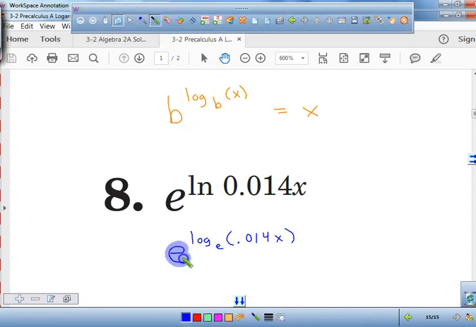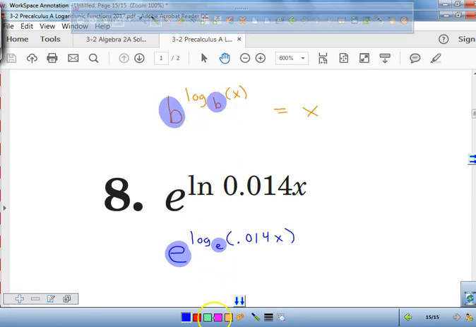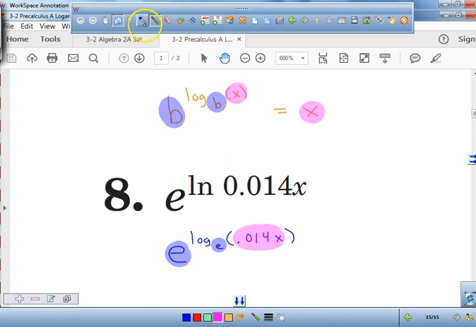Do we have the exact same base? We do. So following the exact same rule, if this base matches this base, what is our answer? Our answer is just whatever is right next to it. What is right next to this? That's your answer.